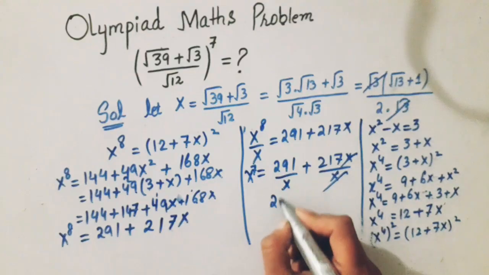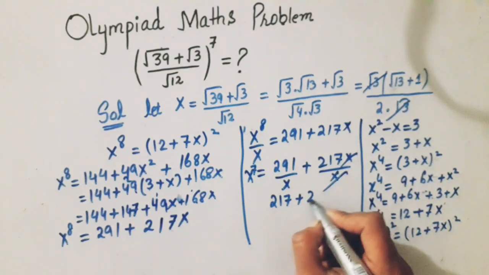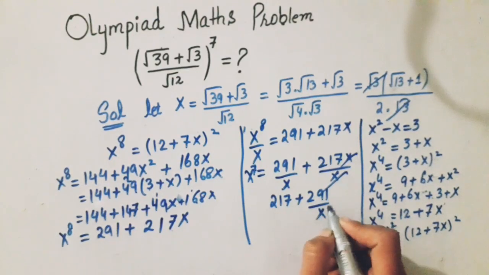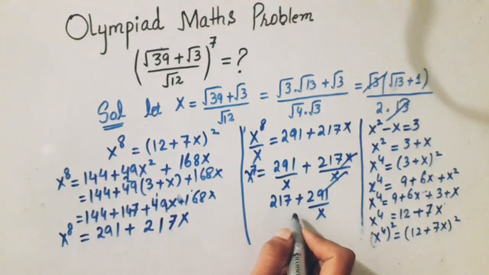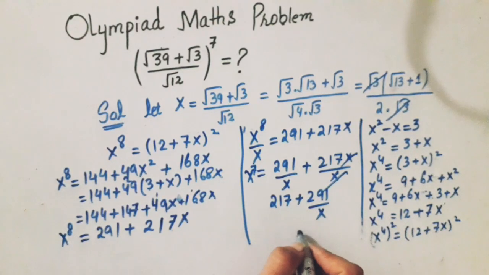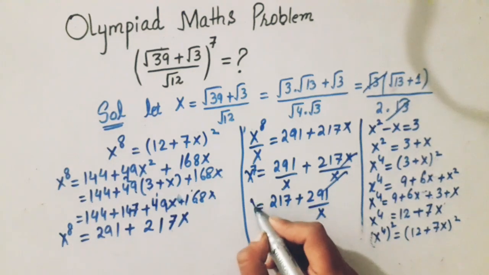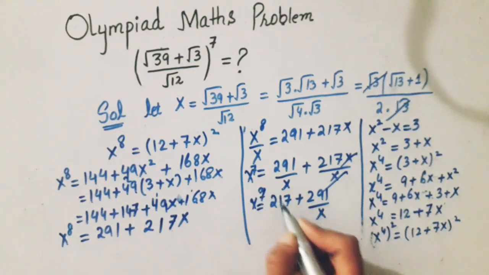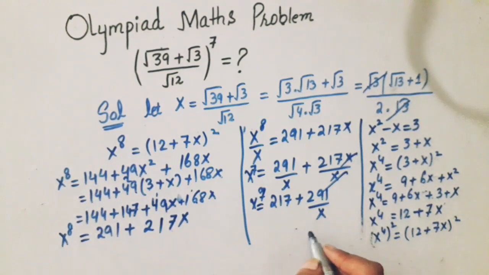This is 217 plus 291 by x. Now we will solve this further as we will consider the value of x, we will substitute the value of x. We have to find the value of x7.